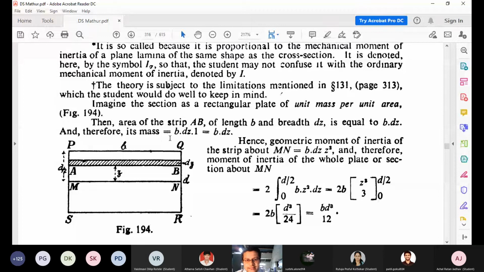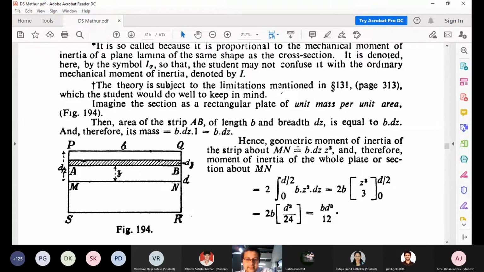Suppose I want to find its mass, I just multiply the area by 1. So b dz becomes its mass. Don't confuse. Suppose this is a rectangular plate with unit mass per unit area, but I want to write how much mass it contains. It is equivalent to its area, so that is b into dz.